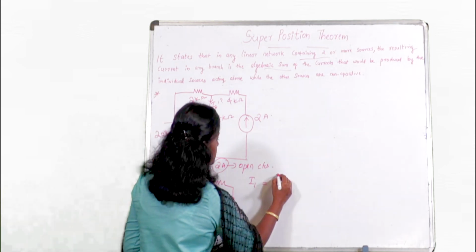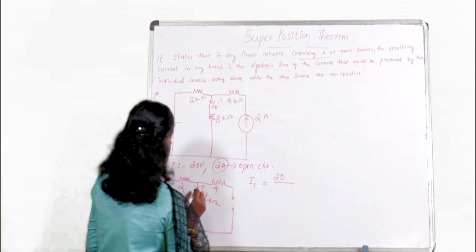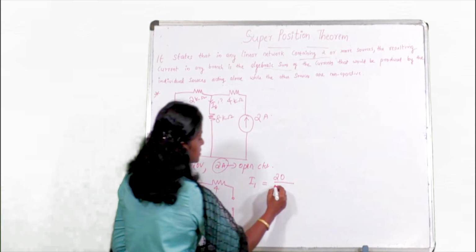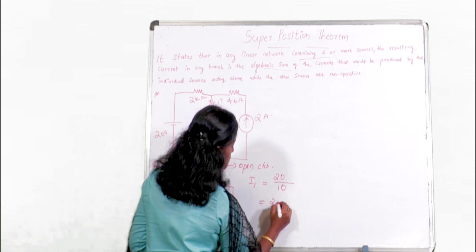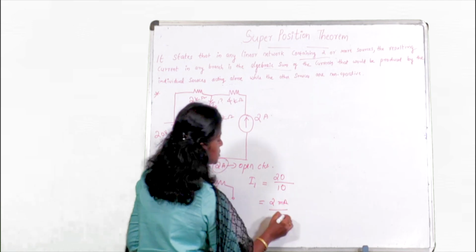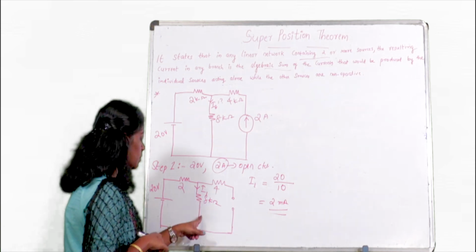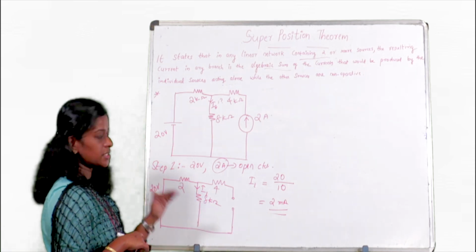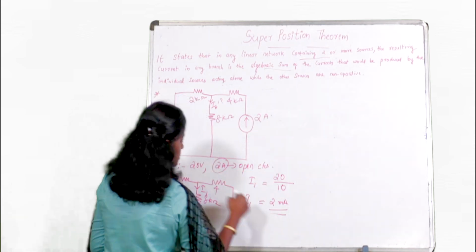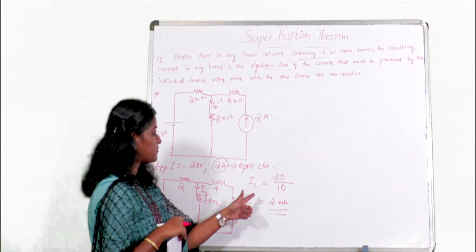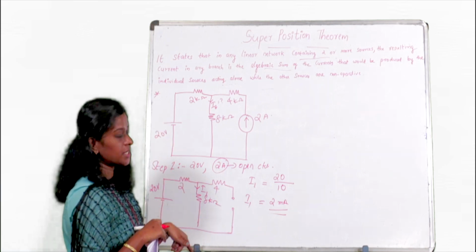So voltage is 20 volt divided by resistance. Here resistance is 2 plus 8, that is 10. So here you will get 2 milliampere. So 2 milliampere is the current flowing through 8 kilo ohm when the 20 volt source is active. So this is the first step. We found I1 when the 20 volt source is acting.